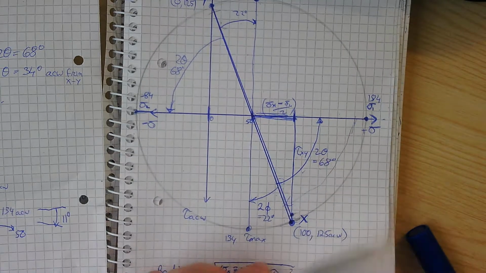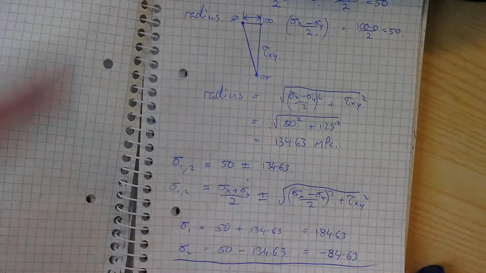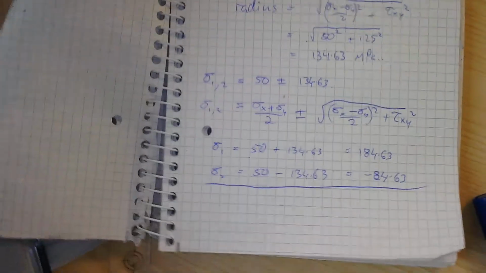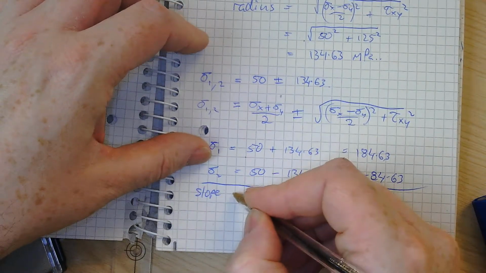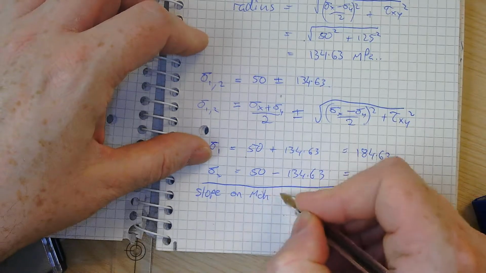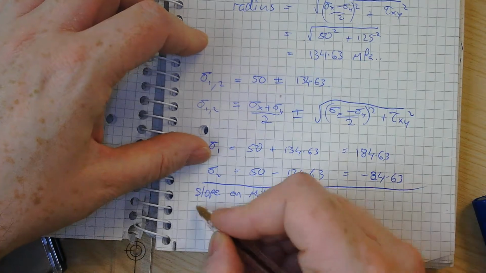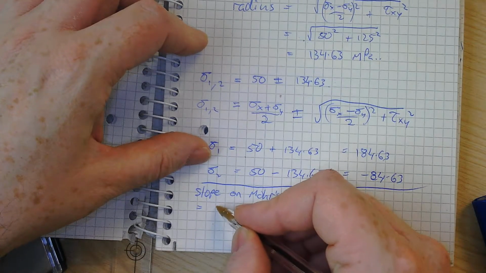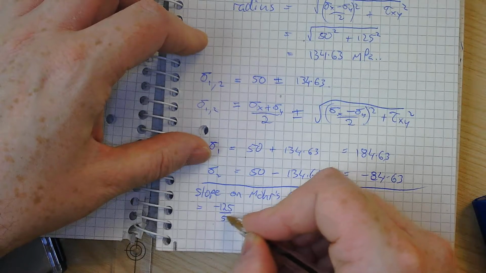So the slope on Mohr's circle is minus 125 over 50.